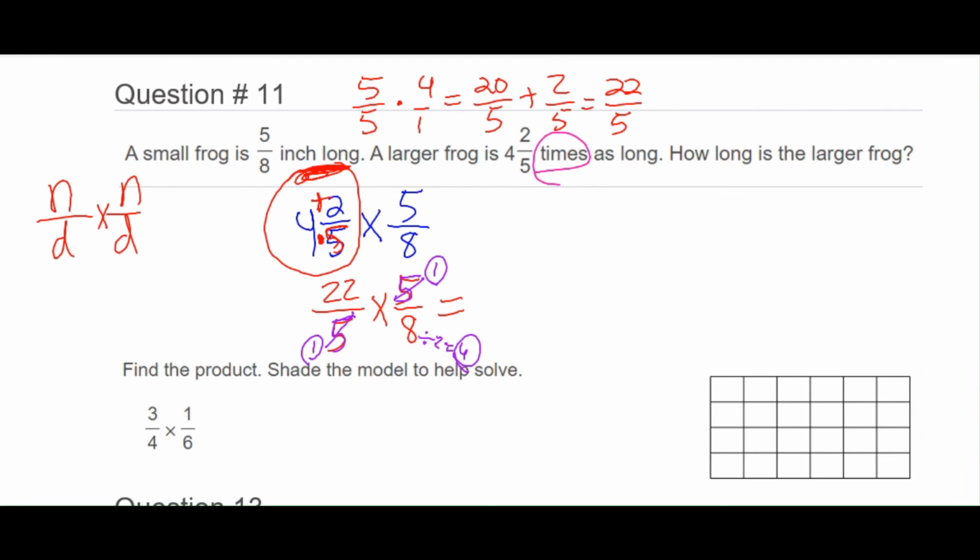So that's going to be my new number here. And since I divided one of my denominators by 2, I need to divide one of my numerators by 2. So 22 divided by 2 is 11. That's my new number up top. So my new fraction is going to be 11 over 1 times 1 over 4. And then if I multiply across, I'll get 11/4.